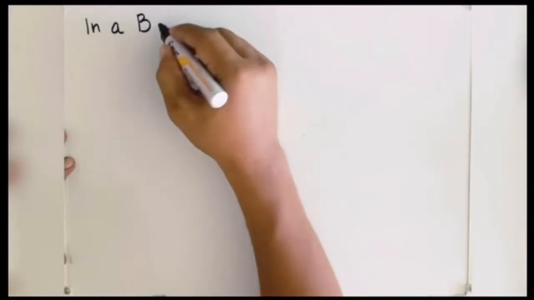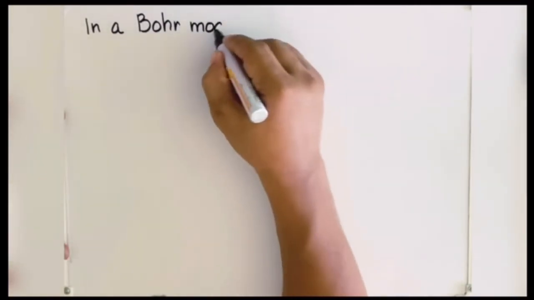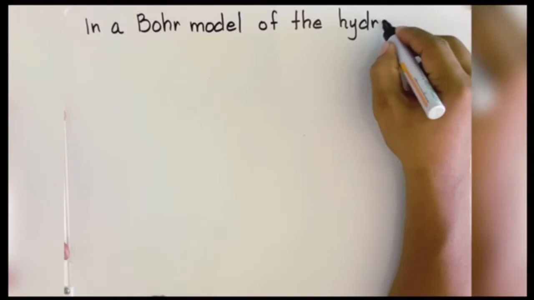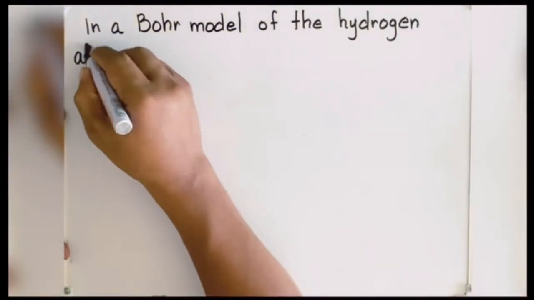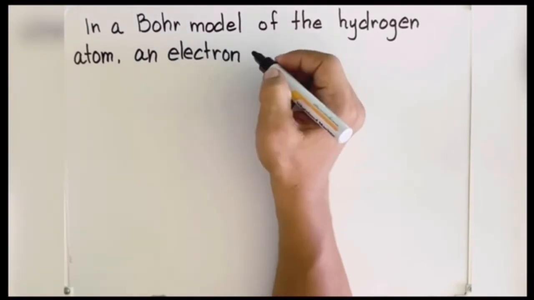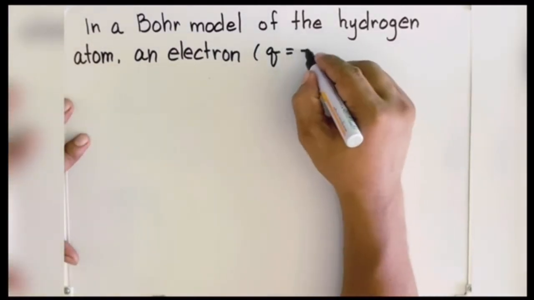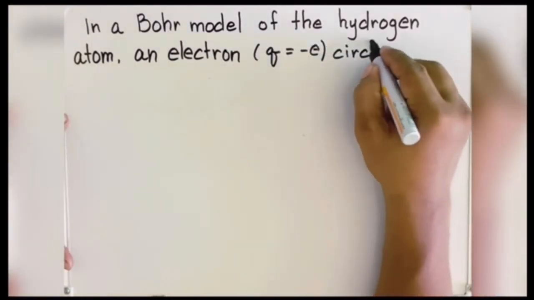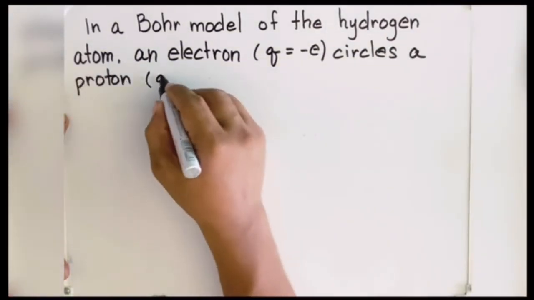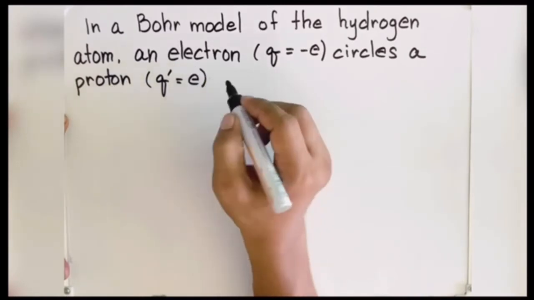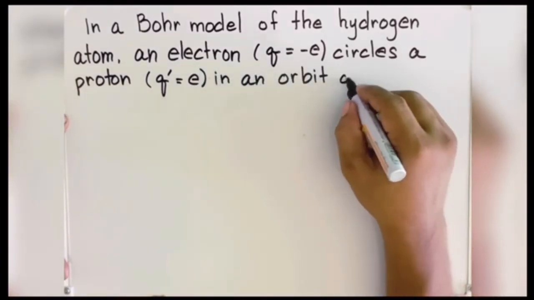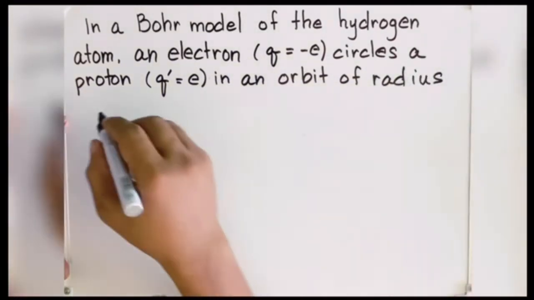Now we have problem number 2. For example, in a Bohr model of a hydrogen atom, an electron with a charge of negative e, which is the elementary charge, circles around a proton with a charge of the same magnitude, equal to e, but this time positive.